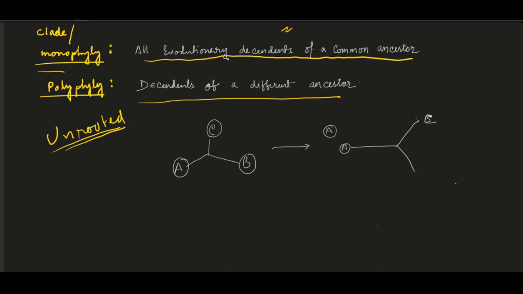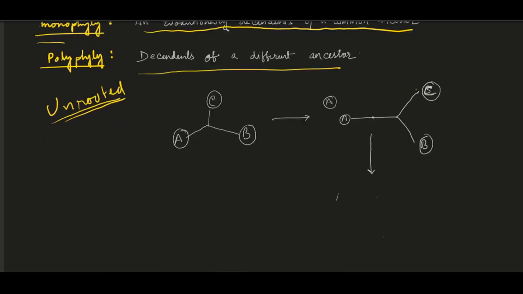Sorry, this will be C and here will be B. Then from this point we have to create a divergence point, or the emergence point. After creating an emergence point from here, it will look something like this. Now it is converted into the rooted one.